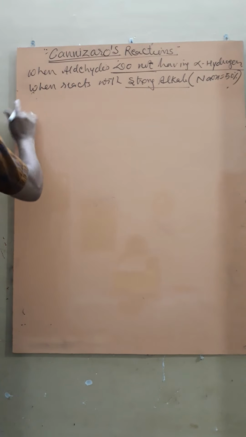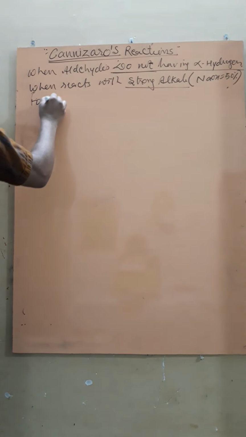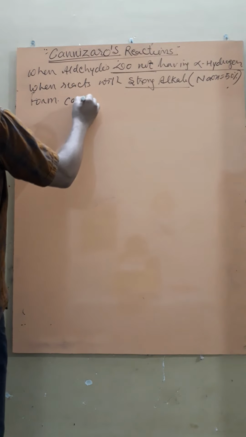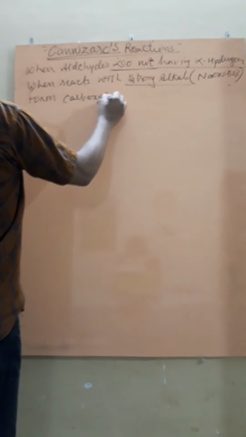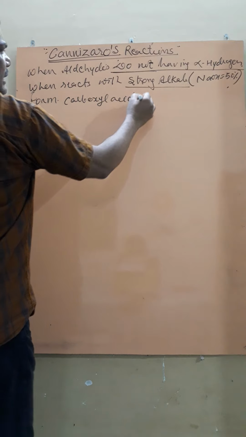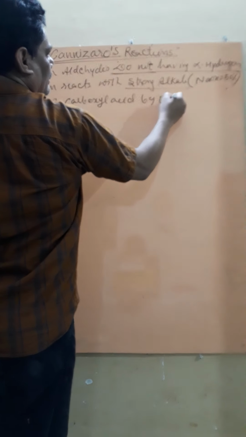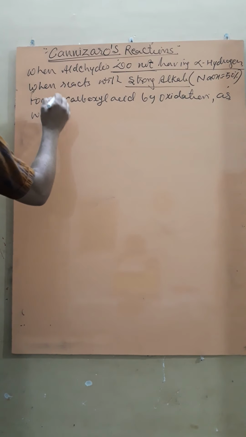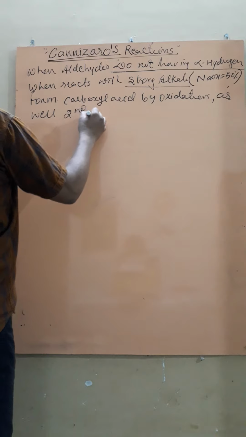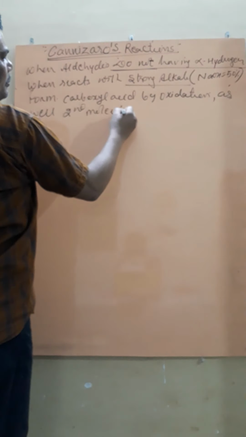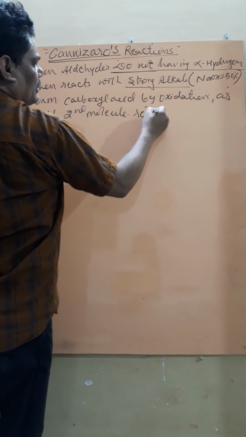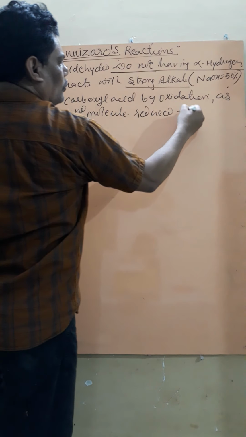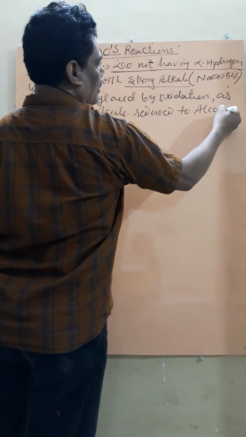It forms what? Carboxylic acid by oxidation as well. Second molecule reduced to alcohol.